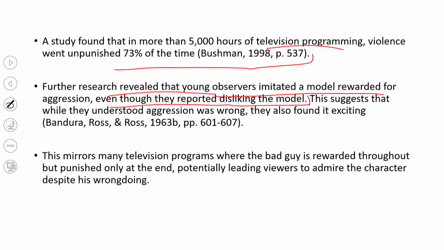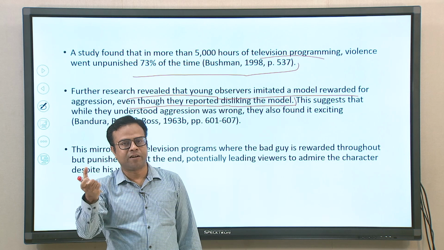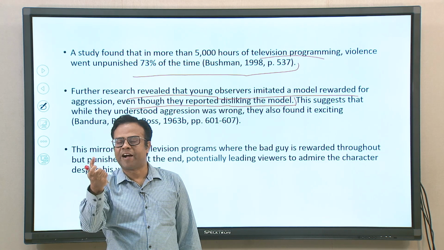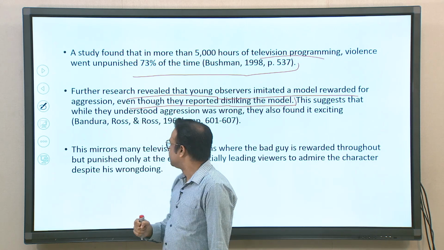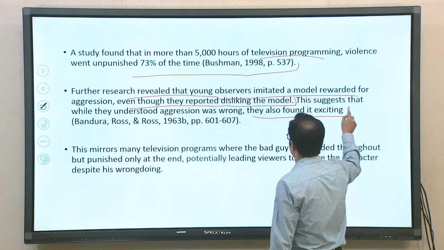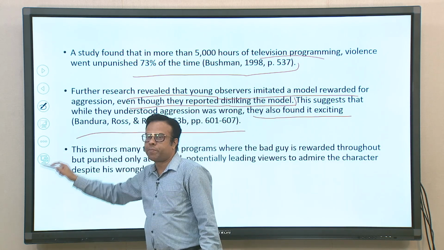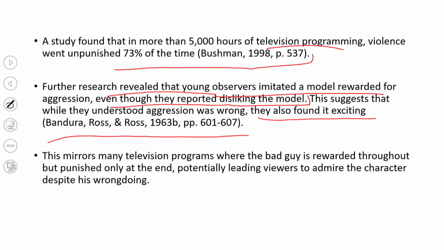Even if they dislike certain models who show aggression, they can still imitate that aggression because they may find it exciting, even though they may not like it. So, that is another angle to why people can get into aggression or negative behavior, even though they mentally understand it is not right. Simply the excitement factor could lead them to do it.